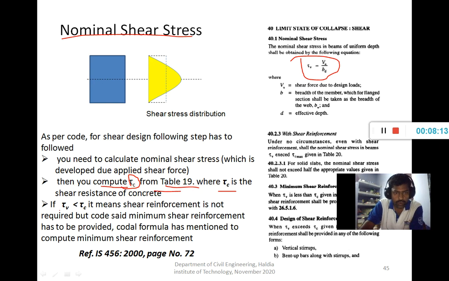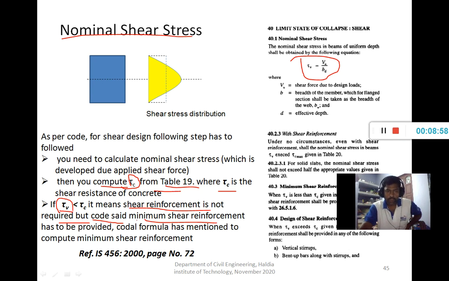Now if tau v, the applied shear stress, is less than tau c, it means shear reinforcement is not required. If the shear capacity of the section is more than the applied shear force, it means the section is sufficient to resist the shear forces and shear reinforcement is not required.